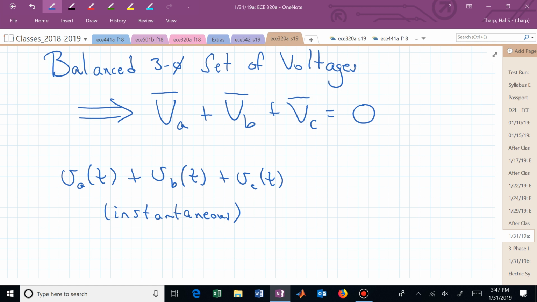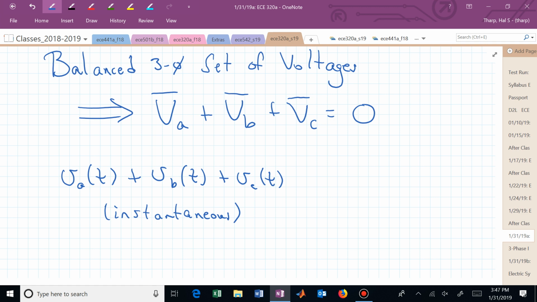Now if you go back and look, you would have a sinusoidal expression. Let's say the A phase is 0. The B phase has a phase of minus 120. So we're suppressing a lot of times in that phasor the omega t. But the argument on V sub A of t is omega t plus 0. This B is omega t minus 120.